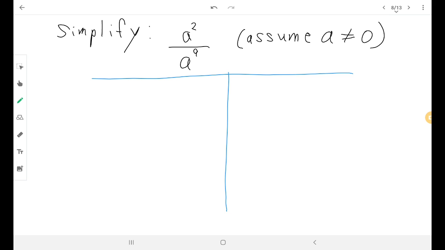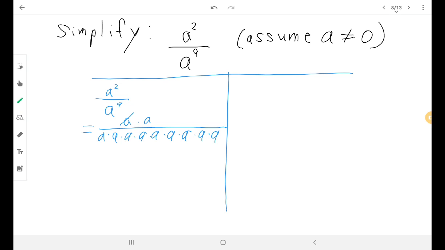You could have a squared over a to the ninth, and then you could say, okay, that means a times a at the top, and then 9 a's multiplied on the bottom. 1, 2, 3, 4, 5, 6, 7, 8, 9. Yes.